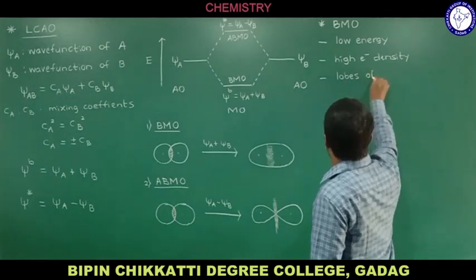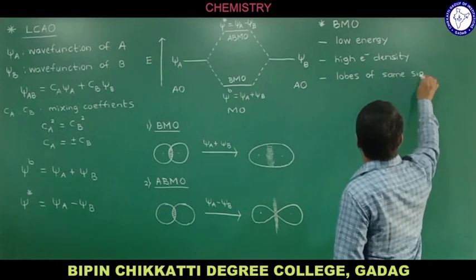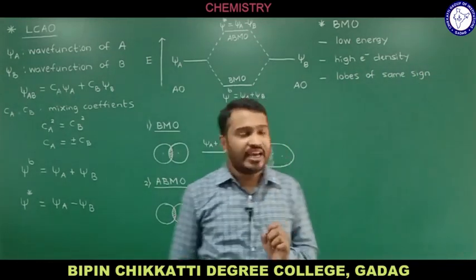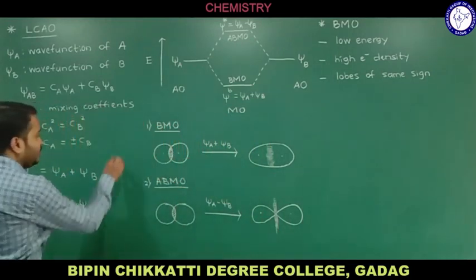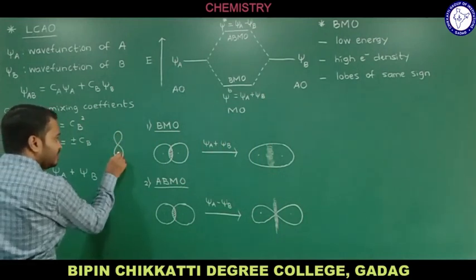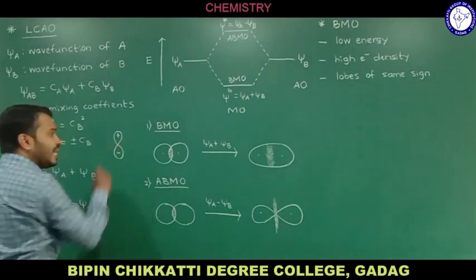lobes of same sign. If there is a combination of atomic orbitals with lobes of same sign, of course here we have an s atomic orbital, with only one lobe. If you consider a p atomic orbital, this is one lobe and this is one more lobe, and for identification we can represent a plus and a minus.